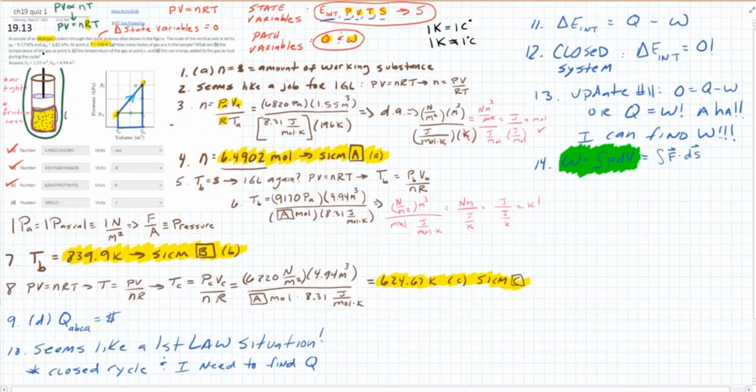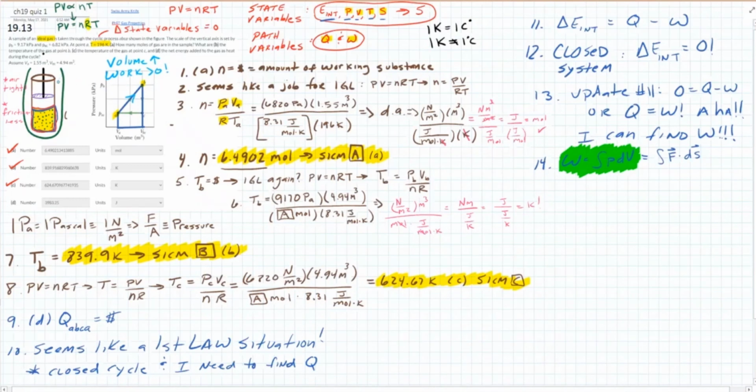If I'm going from A to B, I know my volume is increasing. If my volume increases from A to B, it means I'm doing positive work. Work is greater than zero. It's not equal to zero. It's not less than zero. It's greater than zero because my volume going from A to B is increasing.